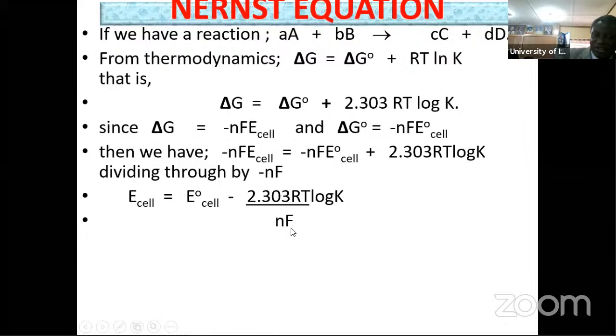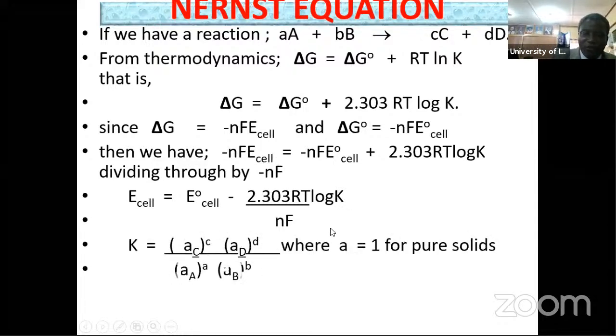This one will be minus 2.303 RT log K over NF. So I hope you can see how our next equation has actually come around. But you see, you can see concentration here. Your concentration is actually embedded in the value of K that you have there.